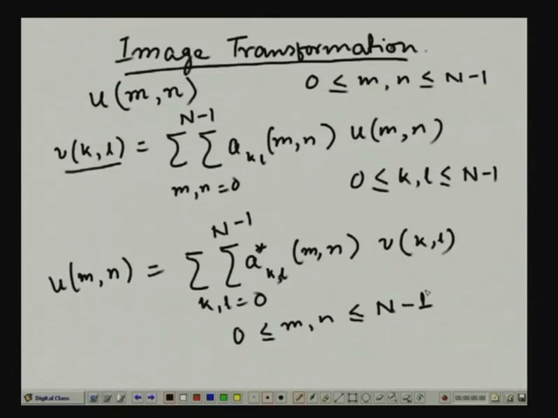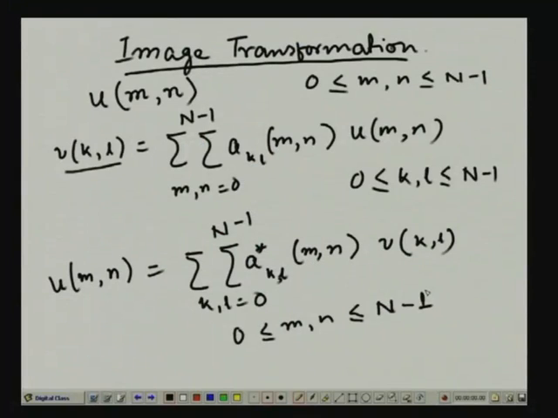So, by extending the concept of series expansion of one dimensional vectors to two dimensions, we can represent an image as a series summation of basis unitary matrices. So, in this case all of the A k l m n will be the unitary matrices.